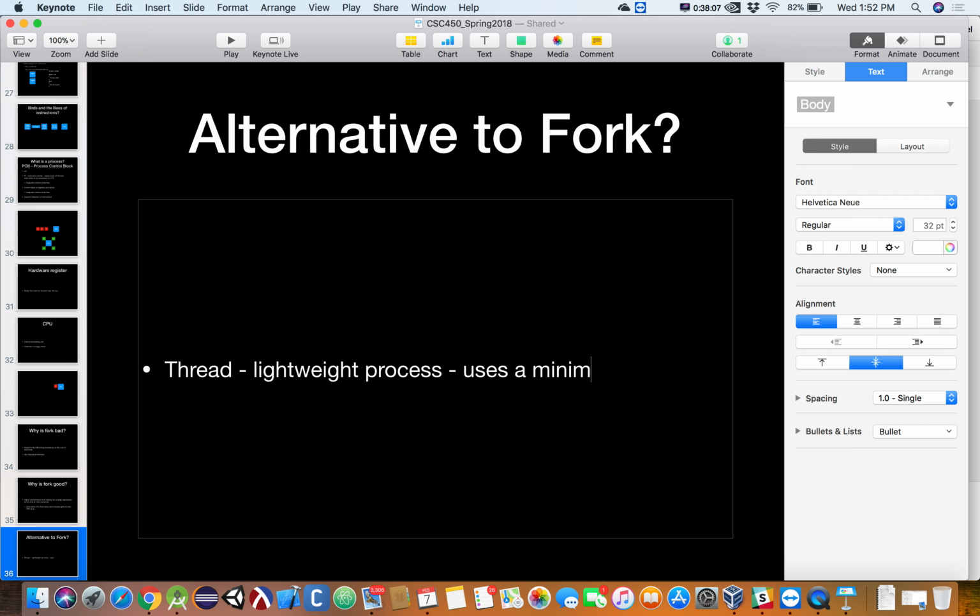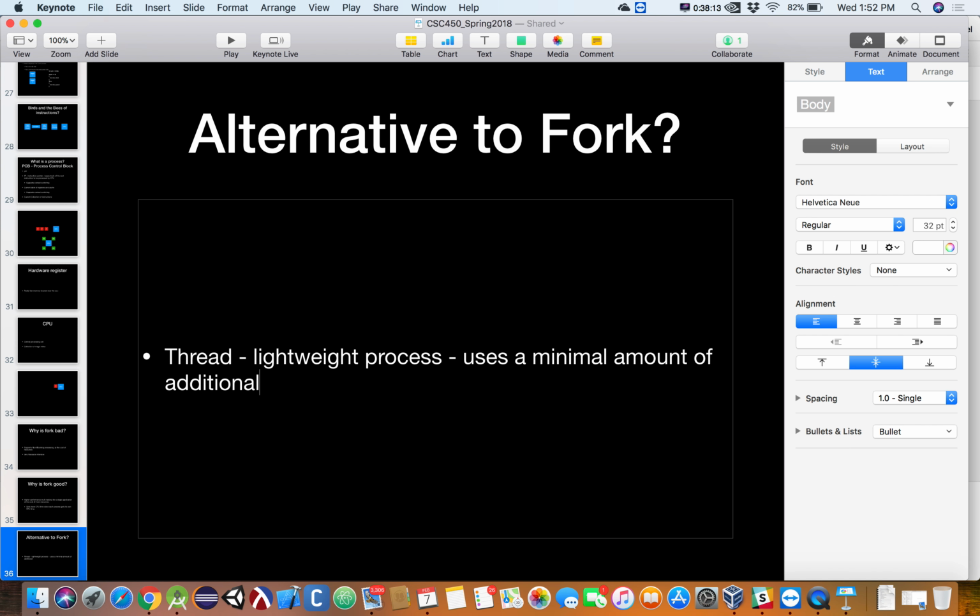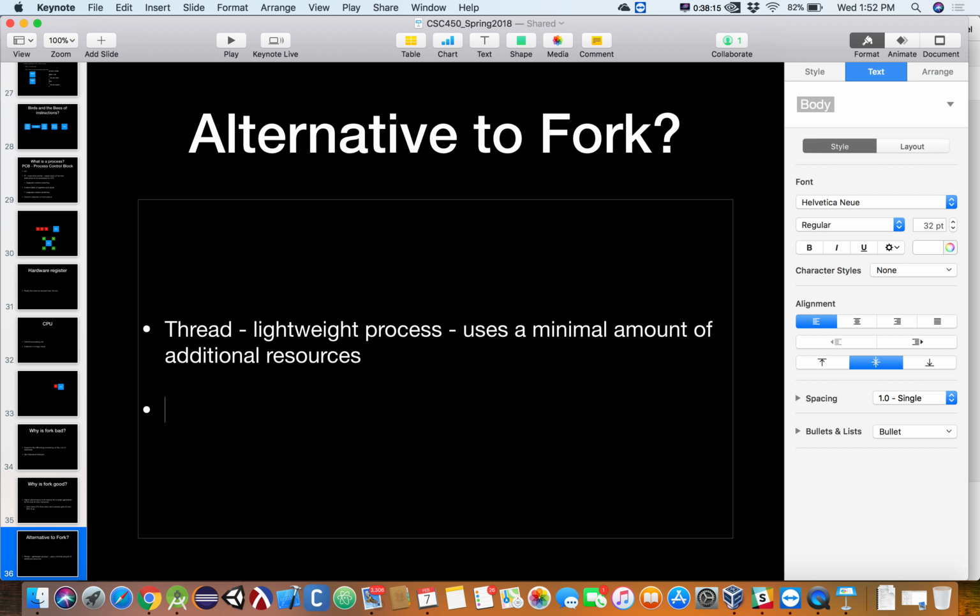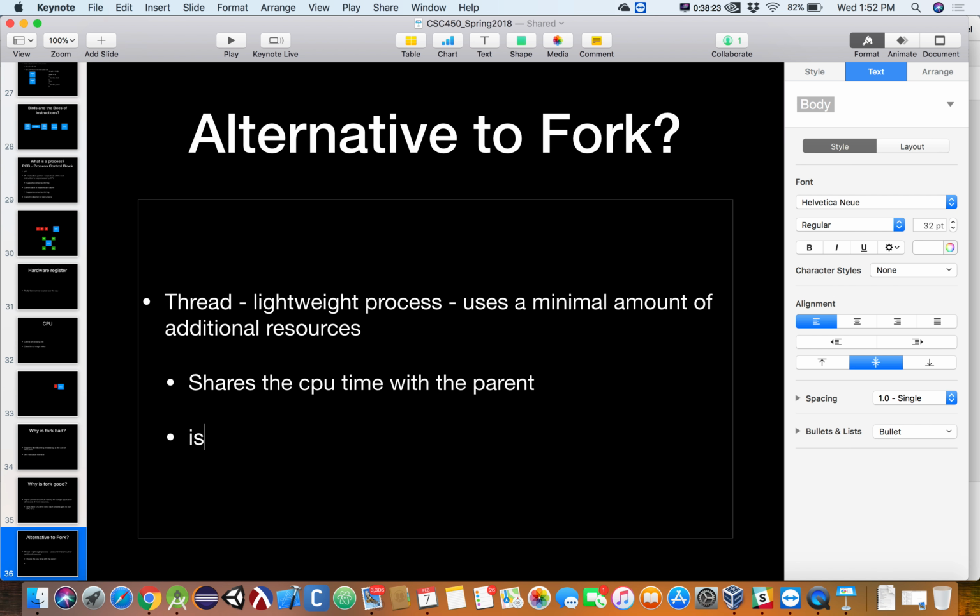It uses a minimal amount of additional resources, but has some catches. It shares the CPU time with the parent, and is managed and scheduled by the parent process.